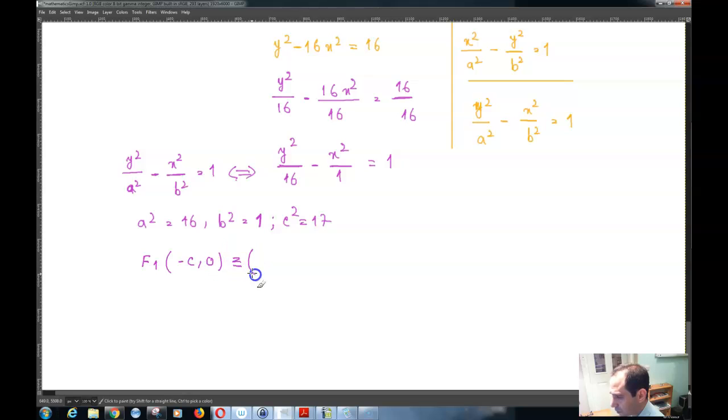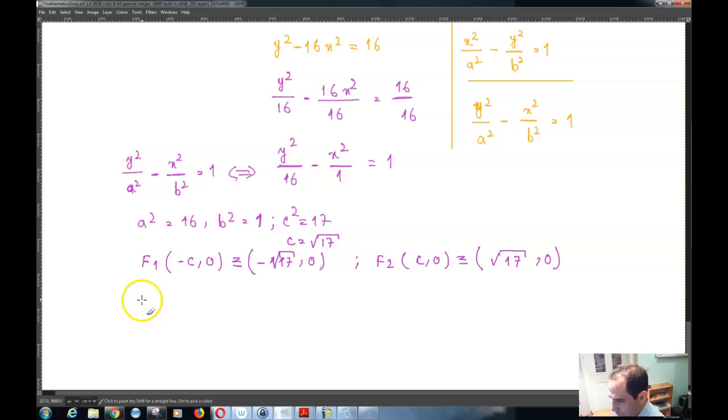If c squared is equal to 17, then c would be equal to the square root of 17. So negative square root of 17 comma 0, and F2 would be c comma 0, which is the square root of 17 comma 0. These are your foci.